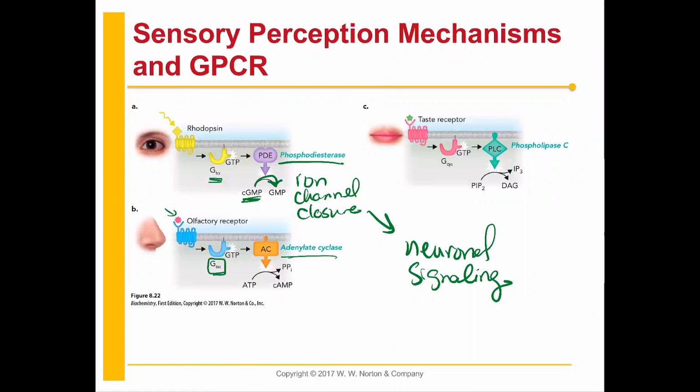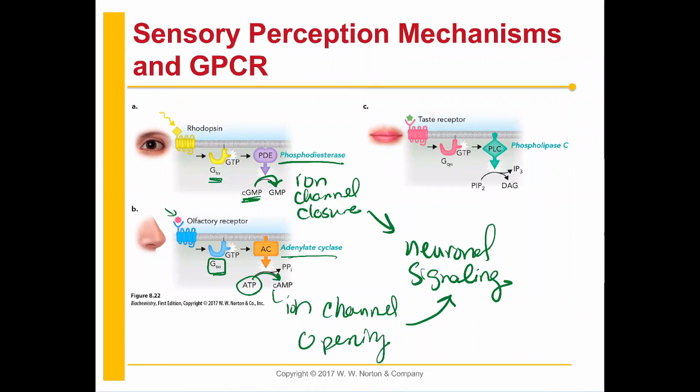The adenylate cyclase is going to convert ATP to cyclic AMP. The cyclic AMP is going to cause ion channel, in this case, ion channel opening. When that ion channel opens, we're going to induce neuronal signaling. Oh, look at that. We're going to end up at the same place.